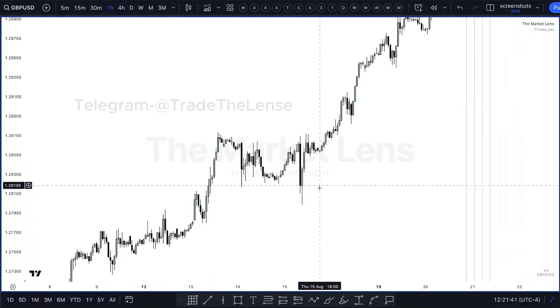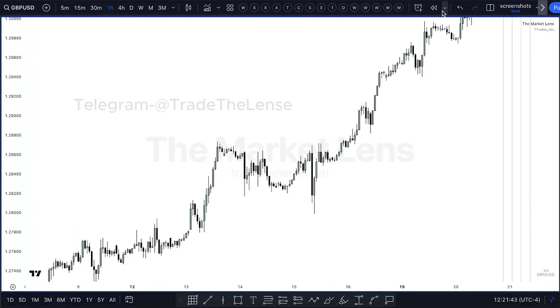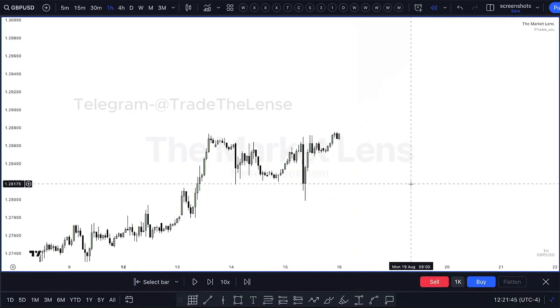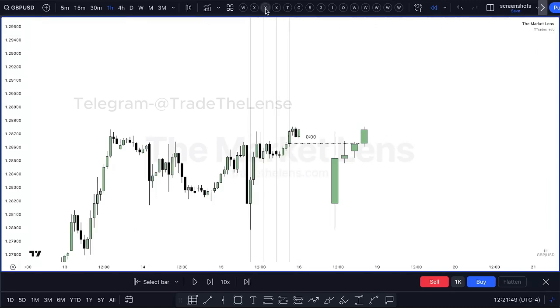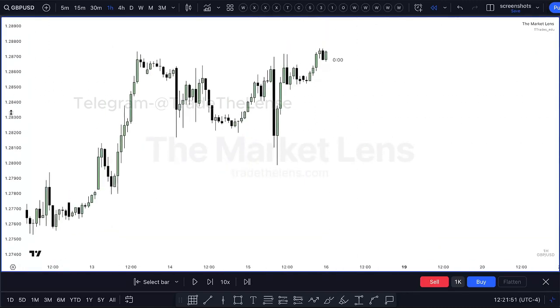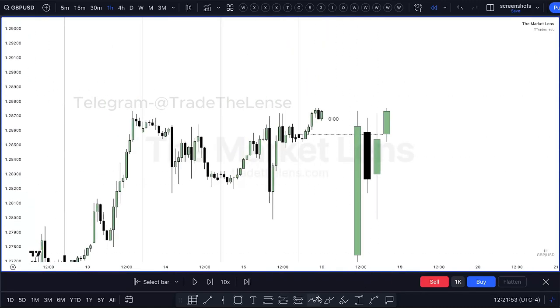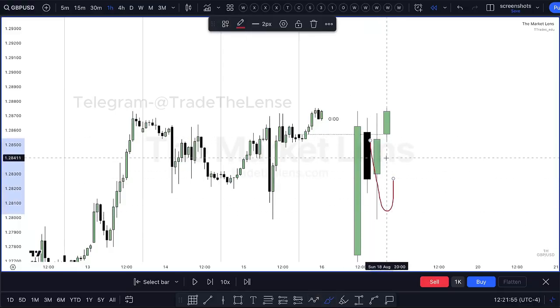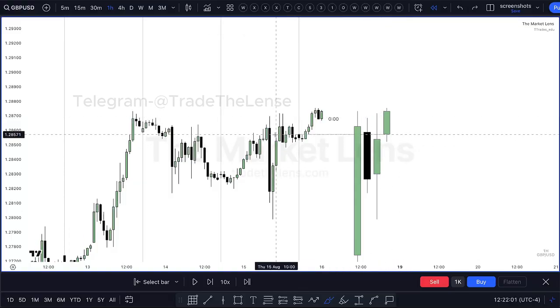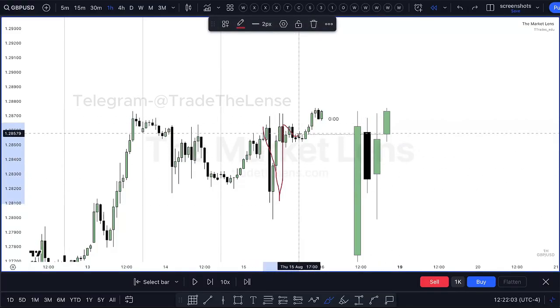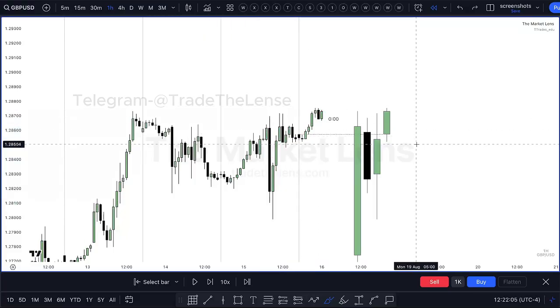Yeah, right here. This is just an example off the top of my head, so it's not amazing. But take a look at, see that swing point. I would still prefer to have left that, but it closes decent. But you see this reversal structure here, and then it holds higher, right?